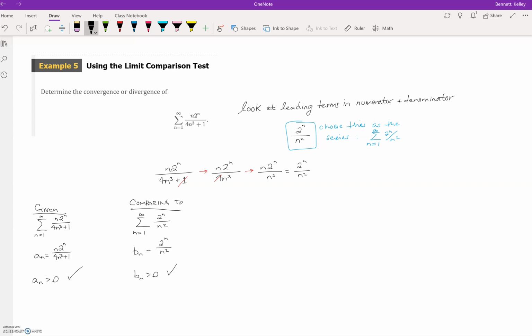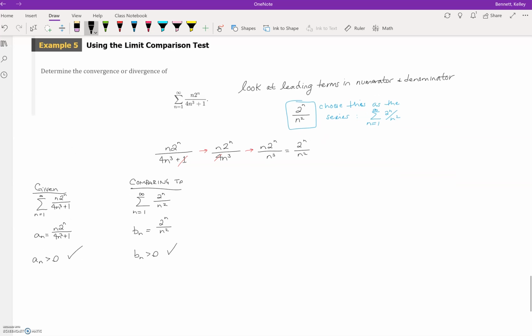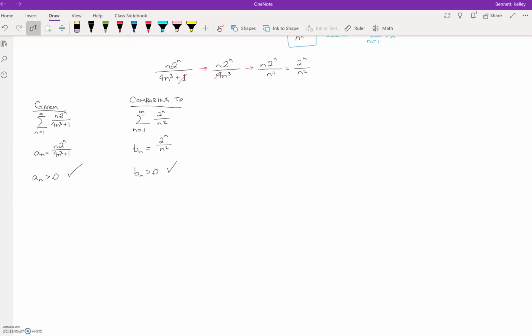So now what we're going to do is take the limit of the ratio a sub n over b sub n. The next thing we're going to do is to check the limit. And again, it doesn't really matter who's on top and who's on bottom.